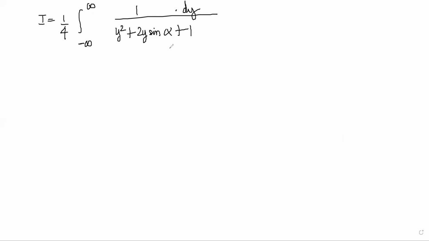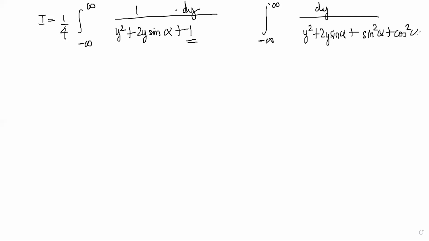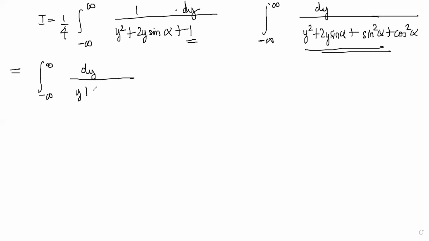This integral is doable because I can split 1 and write it as the integral from minus infinity to infinity of dy by (y square plus 2y sine alpha plus sine square alpha plus cos square alpha). And this becomes a perfect square. So it becomes the integral from minus infinity to infinity of dy by ((y plus sine alpha) whole square plus cos square alpha), right?